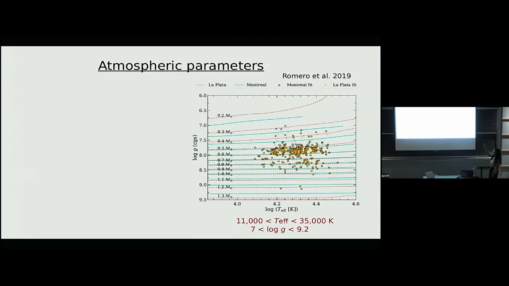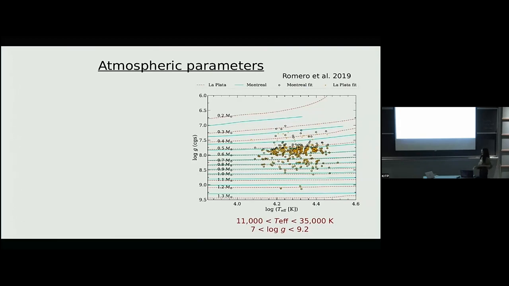In fact, in the study by Romero et al., they have shown that if you do not consider the dependence of the hydrogen envelope in your models, it can lead to incorrect estimation of masses. So that's why we should consider this different hydrogen envelope in our fitting also.